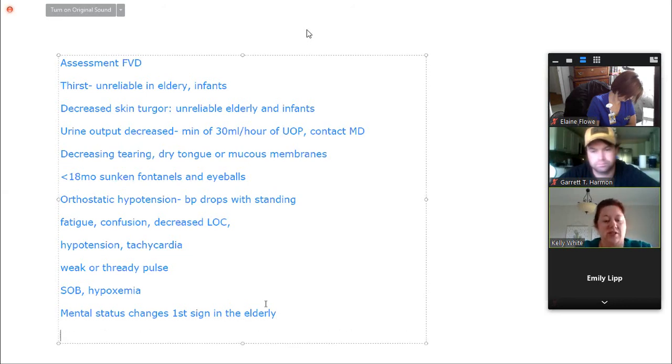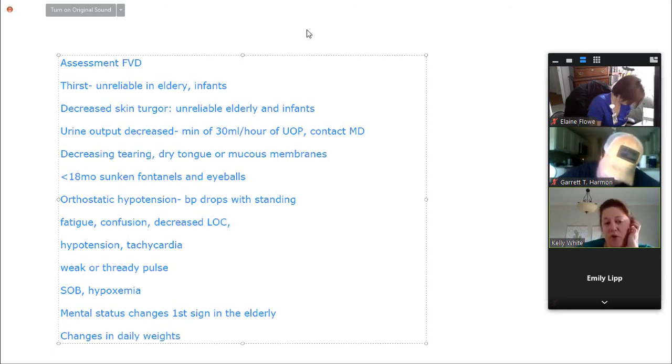And then changes in your daily weight. So patients that come in dehydrated or overhydrated, you're going to want to do daily weights on them, because those are going to be your best indicators for any kind of fluid losses or gains.